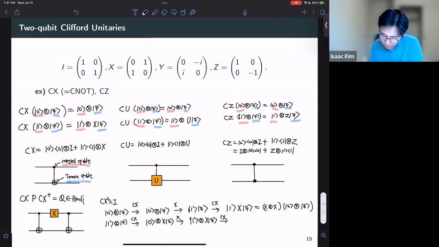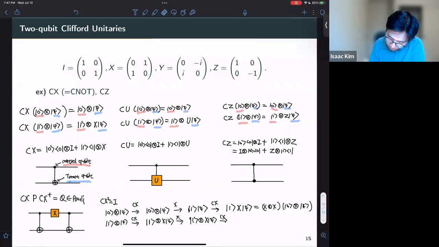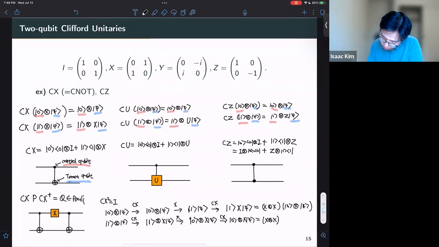Oh, actually, I'm sorry. At this first part, 1 is supposed to stay that way. And then I apply the X operation, and therefore it's 0 tensor X psi. Then I apply Cx, and then nothing happens, obviously. So this is equivalent to X tensor X applied to 1 tensor psi.